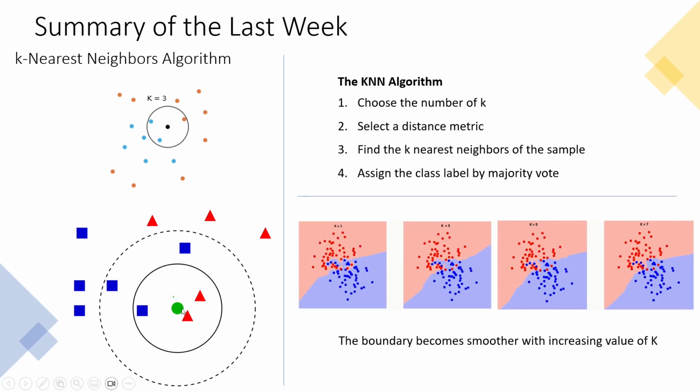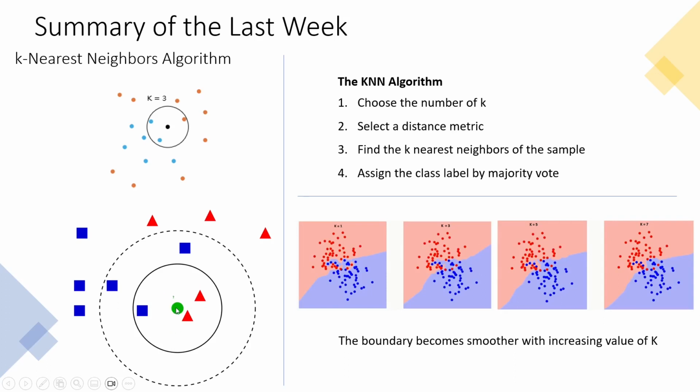We have seen that by choosing different k's, the output may change. That's why we say the boundary becomes smoother with increasing k. So just be careful. In this case, the newly coming element will be classified as a triangle if you choose k as 3.